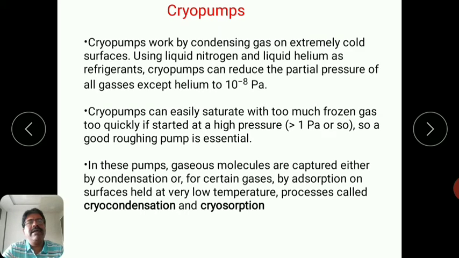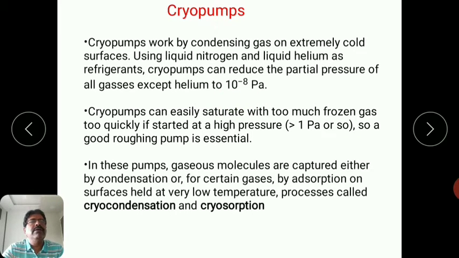That means they are captured by this cold surface. Now in order to make these surfaces very cold, liquid nitrogen and liquid helium are used as a refrigerant. These cryopumps can reduce the partial pressure of gases except helium to the order of 10 raised to minus 8 Pascal.